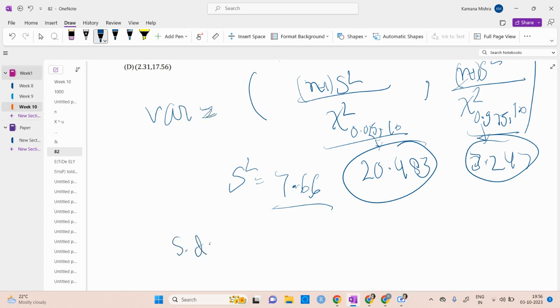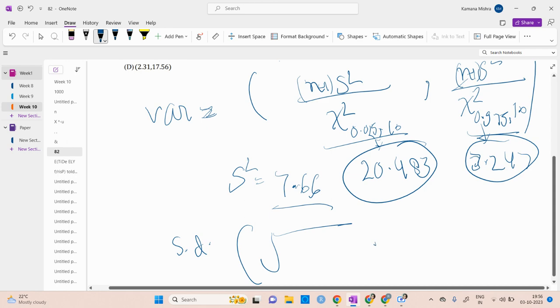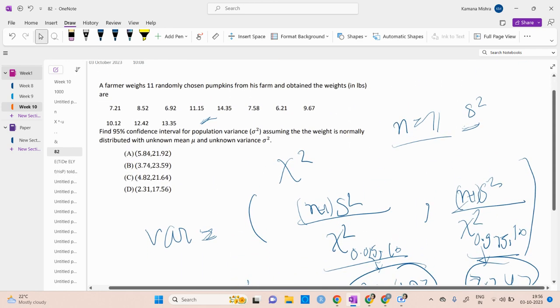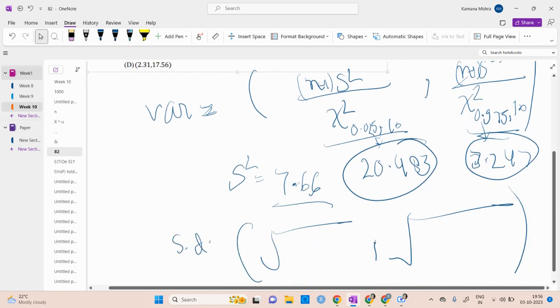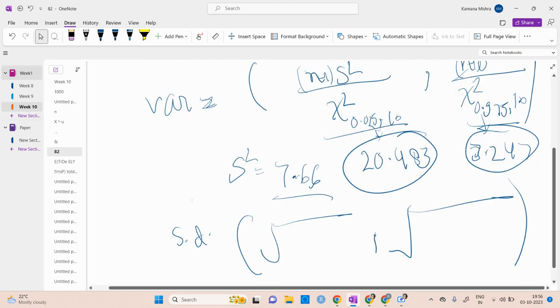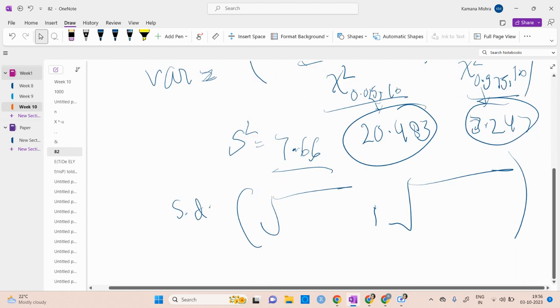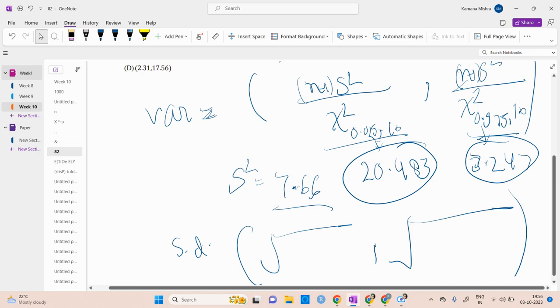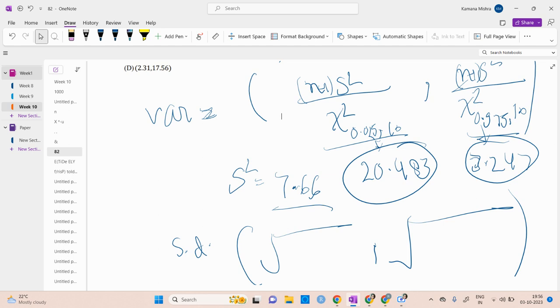And for standard deviation, just the root of this, comma root of this will come. So here we need to find it for the variance: you will take n minus 1 s square over chi-square and n minus 1 s square over chi-square. And for standard deviation, you will take the square root of this. That's it. Standard deviation is nothing but the square root of variance, right?